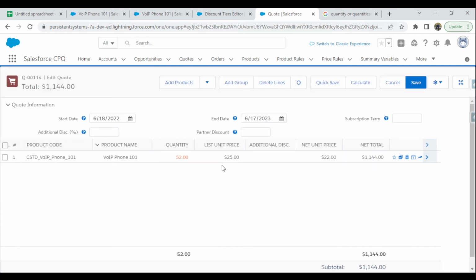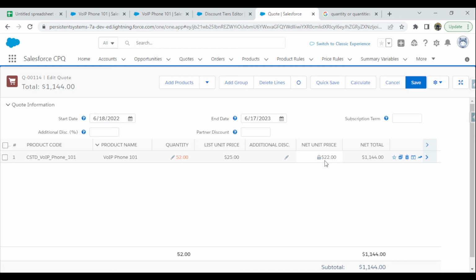Here, if we try to change the quantity to 105, that comes under the third tier, where we are giving $5 of discount and our list price is 25. So the net unit price would be 20 and the total price would be 20 into 105, that comes to 2100. If we change the quantity to, let's say, 52, at that time we would have 52 into 22, because for 52 we are giving $3 of discount.